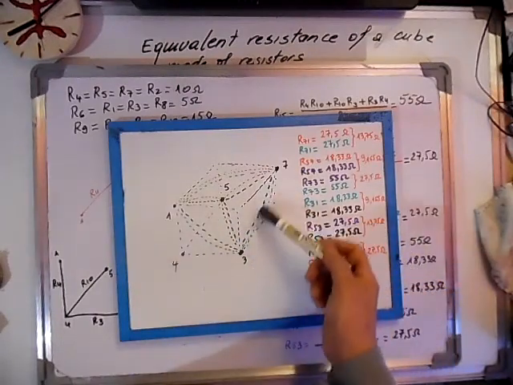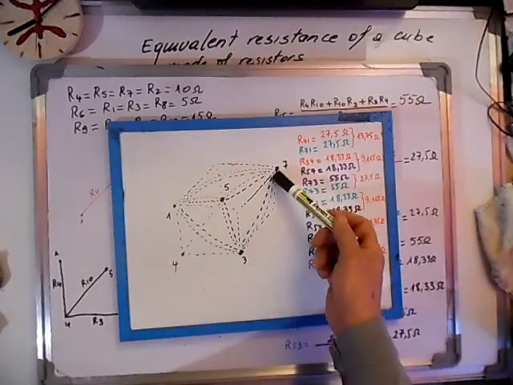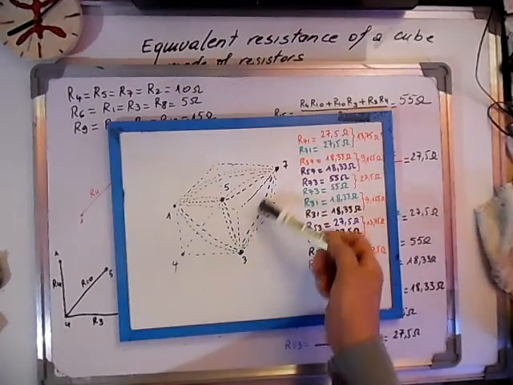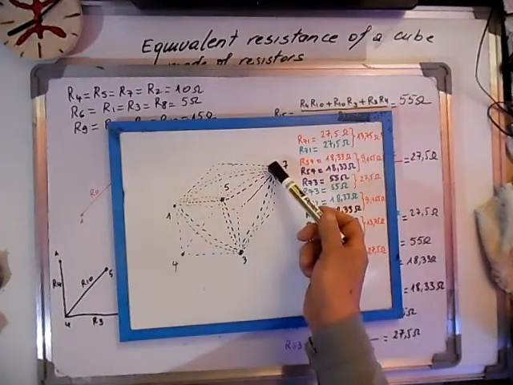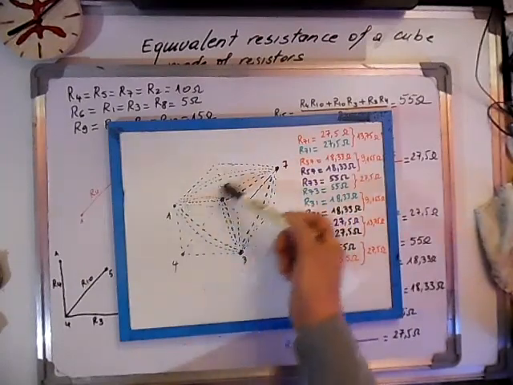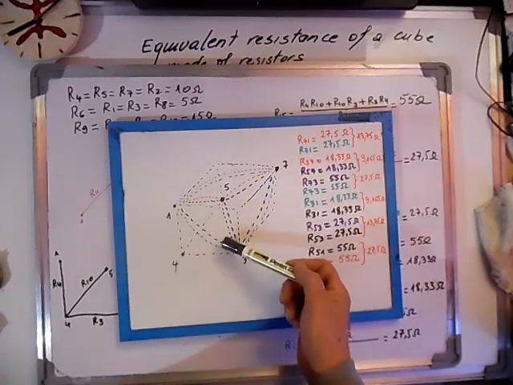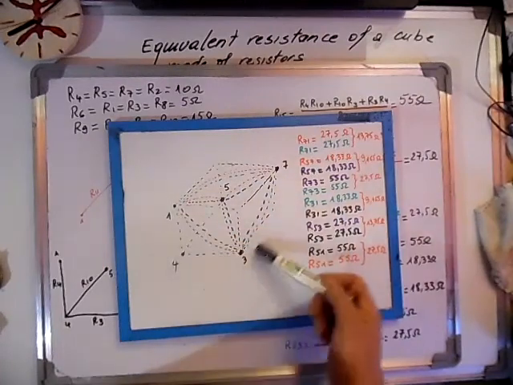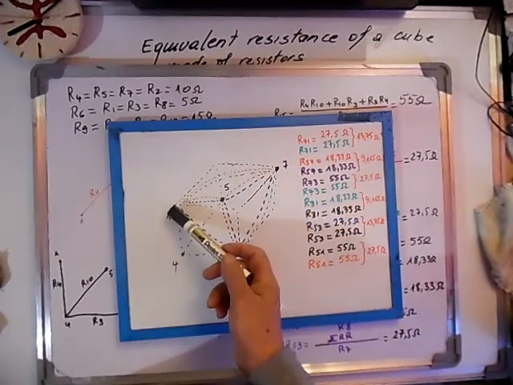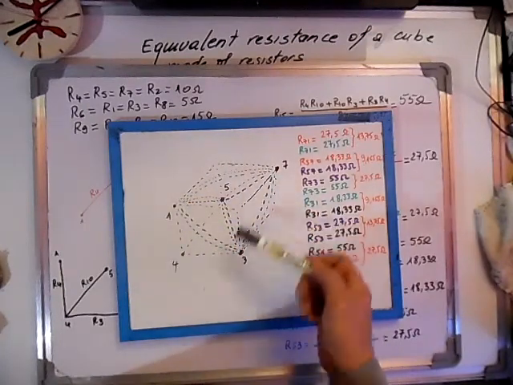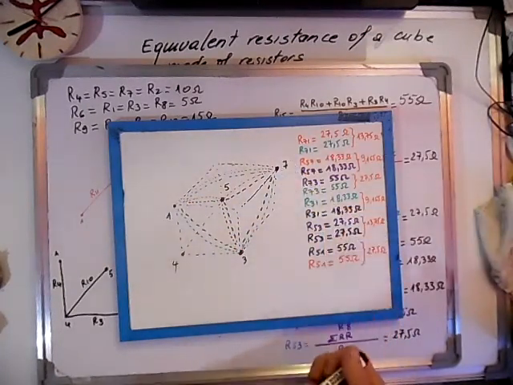So I calculated. We have one resistor here, another one here, another one here, and we still have a star, which we will have to transform later to a delta, and then we can calculate the equivalent resistance between 1 and 7, 3 and 7.